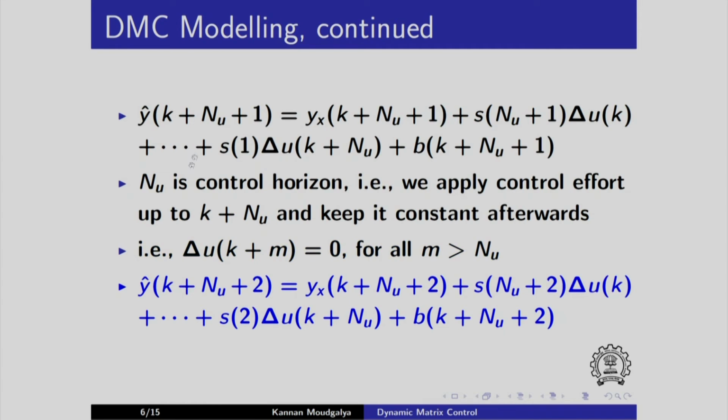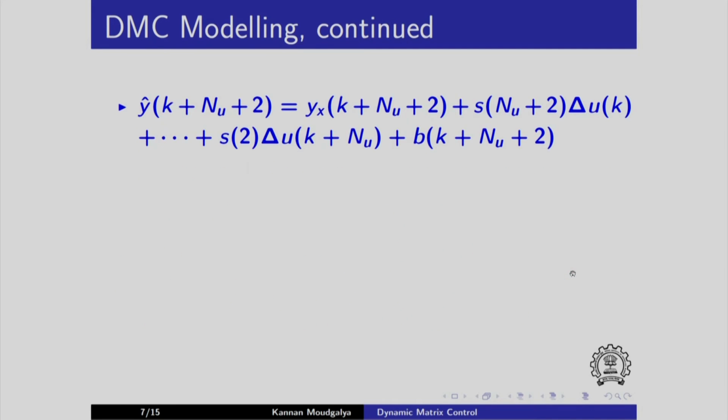So when I write it for the next time instant, I go up to k plus Nu only, because the next term is k plus Nu plus 1 multiplying S of 1, but that is k plus Nu plus 1, which is 0, so I do not have to write it. All other terms are same as before. Okay, this is what we had in the previous slide.